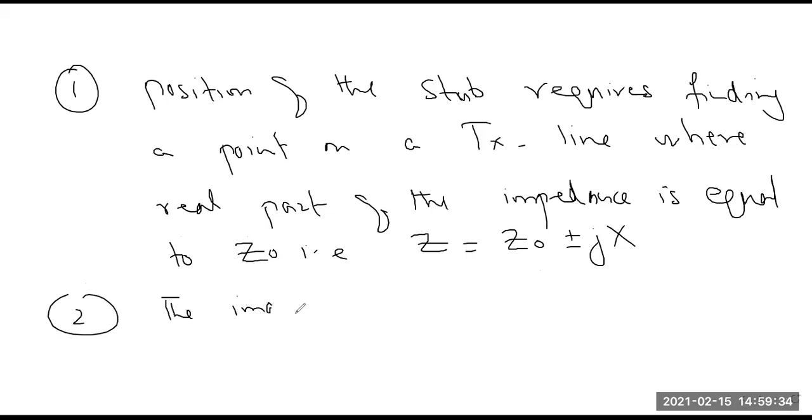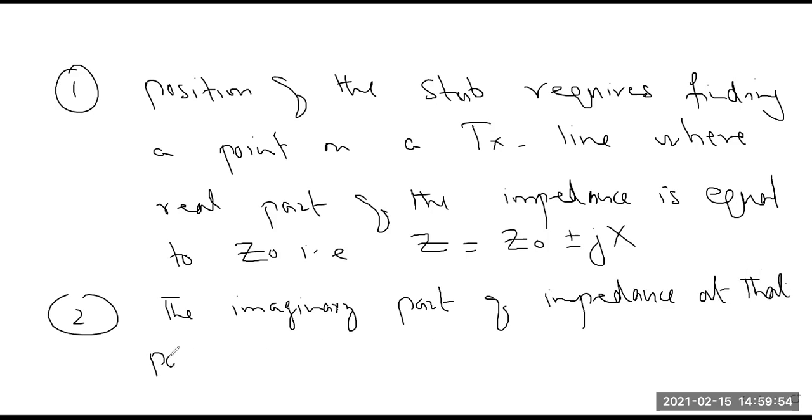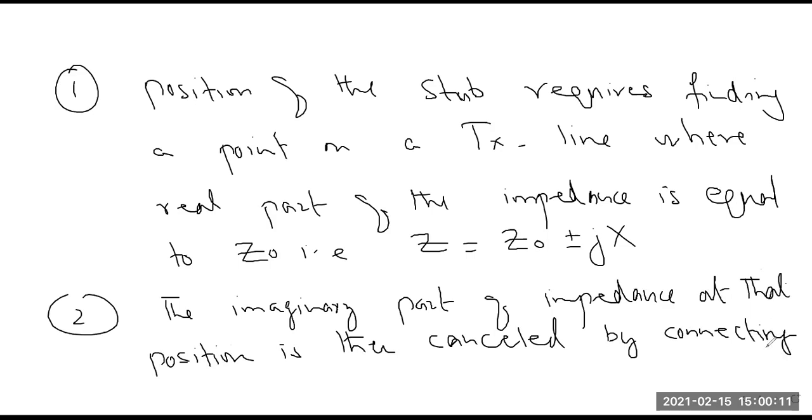The imaginary part of impedance at that position is then cancelled by connecting a stub having appropriate length.